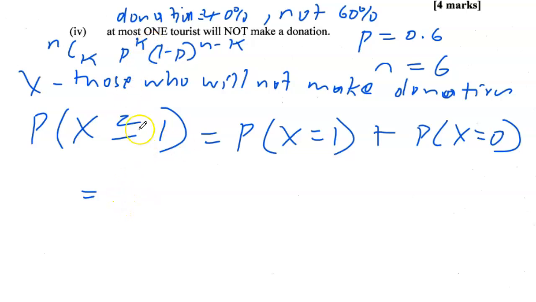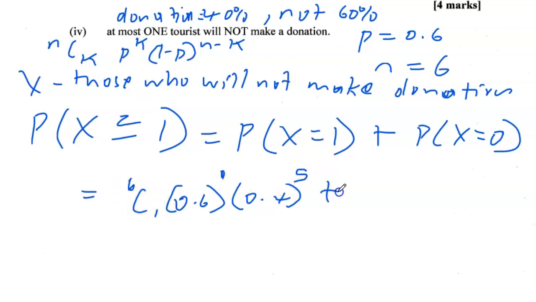So X equal to 1: n choose k, so that's 6 choose 1, p is 0.6 to the power of k, which is 1, times in the bracket 1 minus 0.6, that's 0.4, to the power of n minus k, that's 6 minus 1, that's 5. Probability X equals 0: this time now it is 6 choose 0.